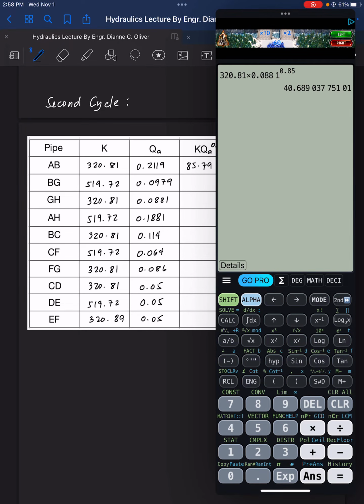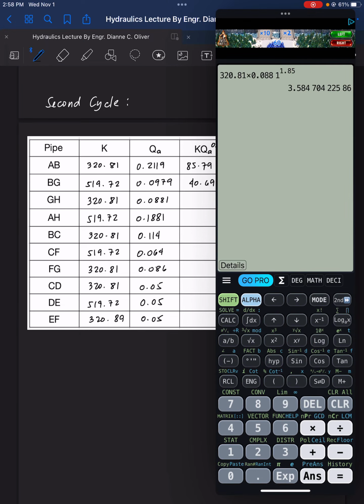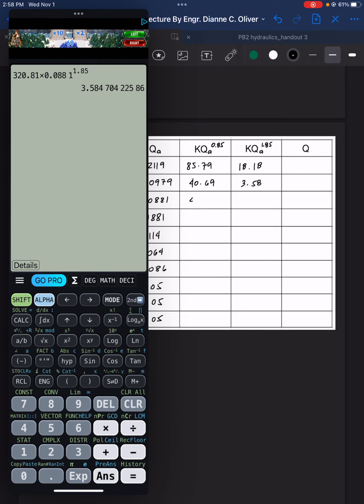So 40.69. Then raised to 1.85, so 3.58. So 40.69, 3.58.